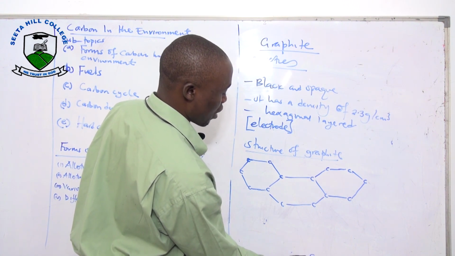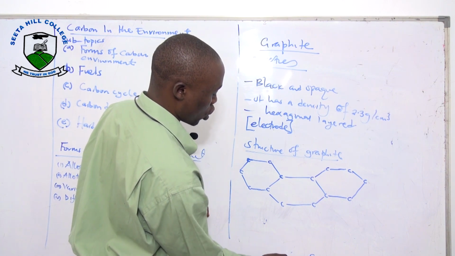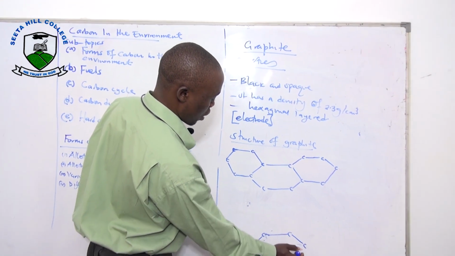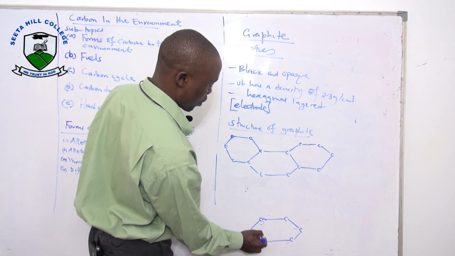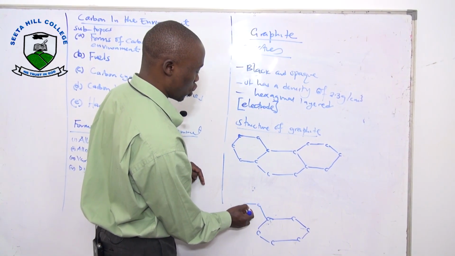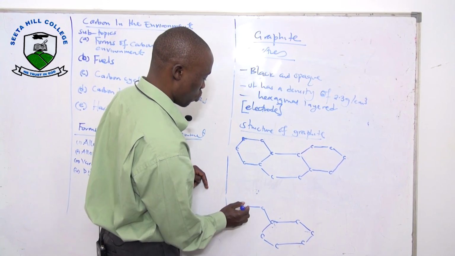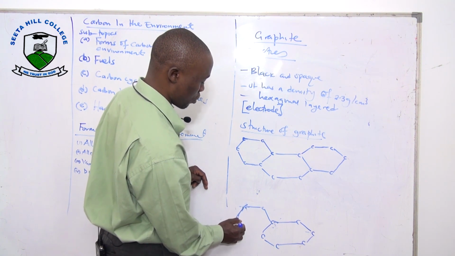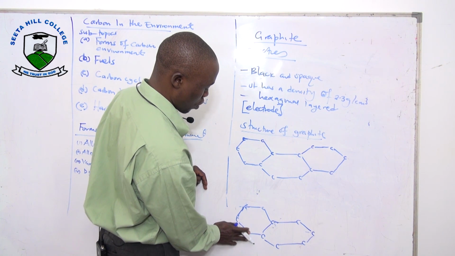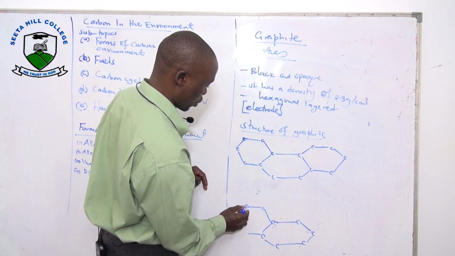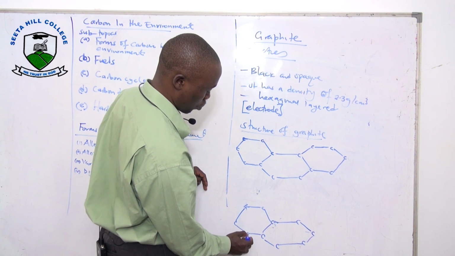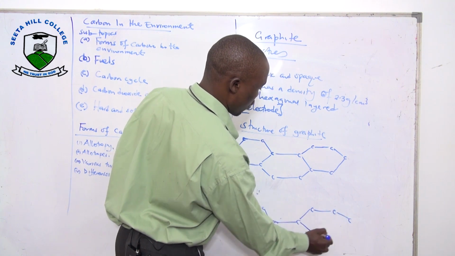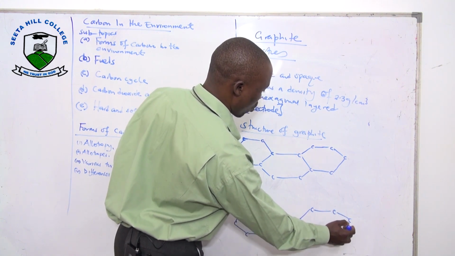We do not need to show everything, but just show some to mean what we want. So it must be hexagons. That is the ring, the layered structure.